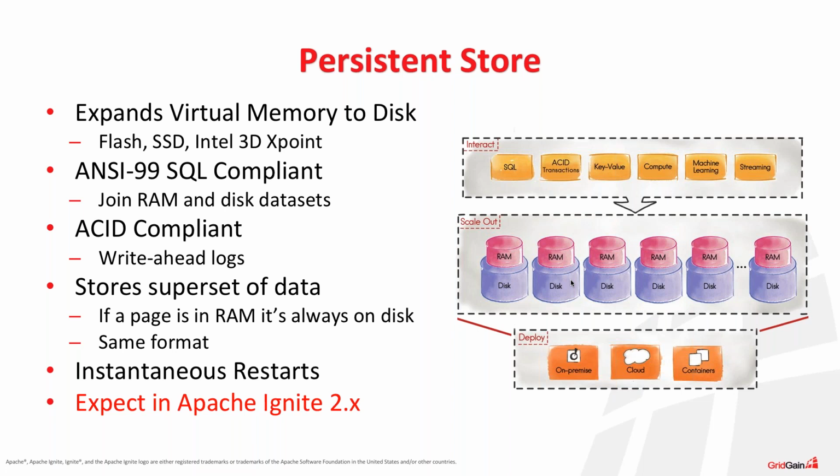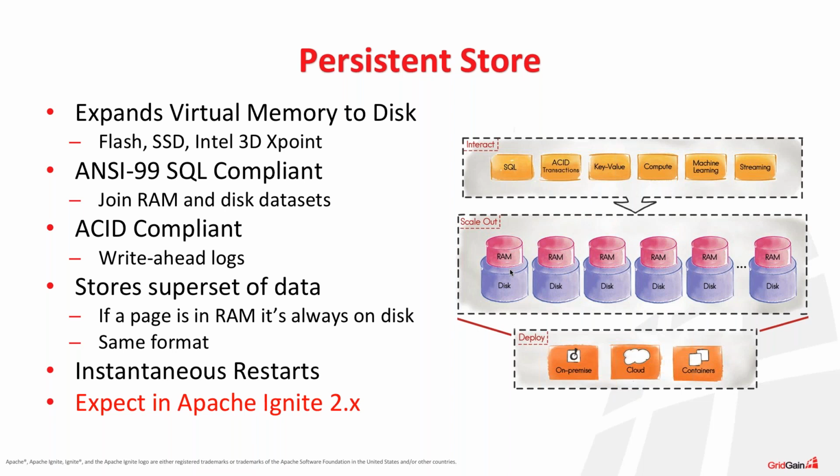One of the main differences between Ignite's virtual memory and the virtual memory you have in operating systems like Linux or Windows is that with Ignite, if a page is stored in RAM, it will always be stored on disk, meaning that disk is always considered a superset of all the data you have.